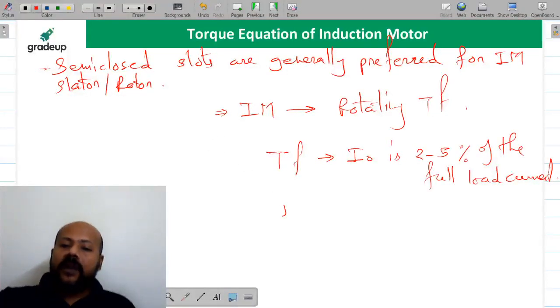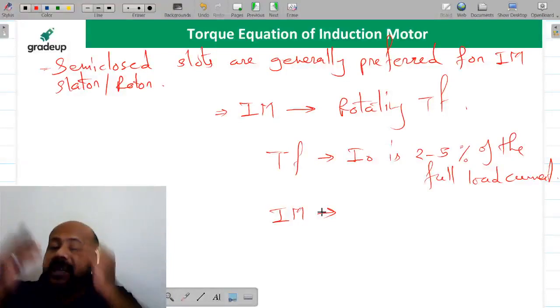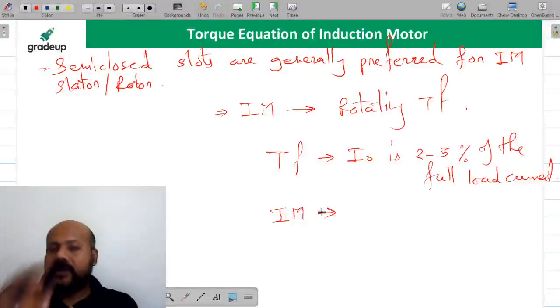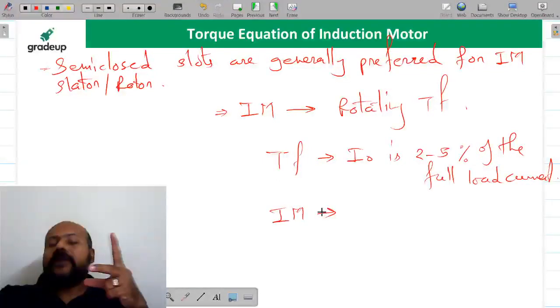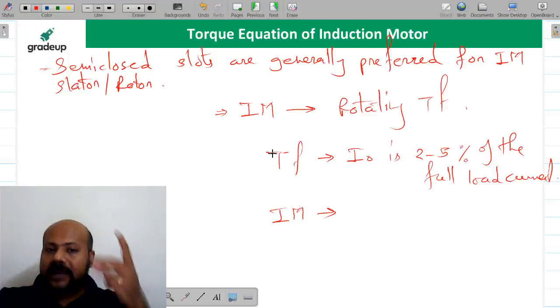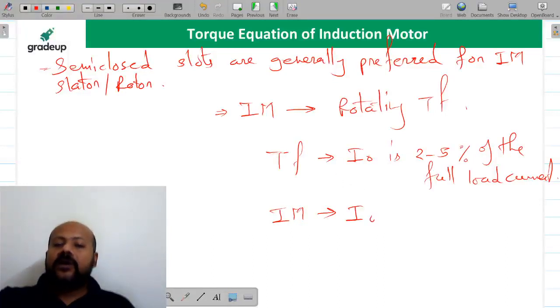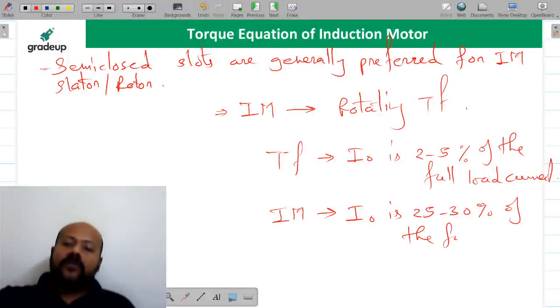But when you come to the induction motor, what is happening, it is not just induction, it is induction and rotation, and it is singly excited. It means there are two important points for induction motor construction which you must understand, that the no load component or the magnetizing component is going to be around 25 to 30 or 35% of the full load current.